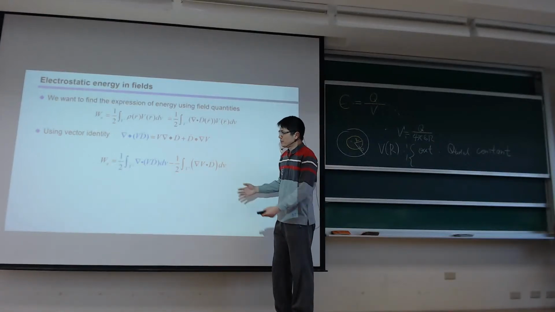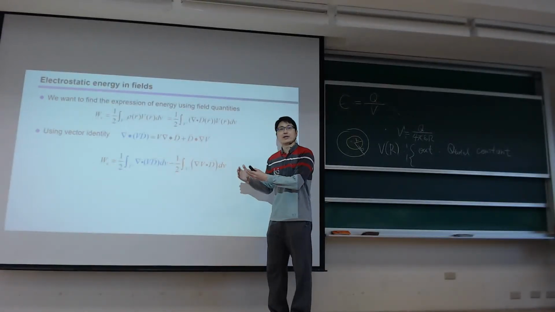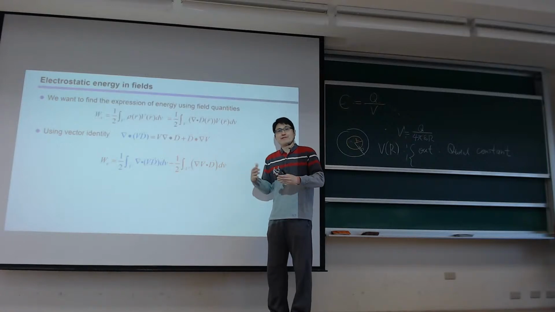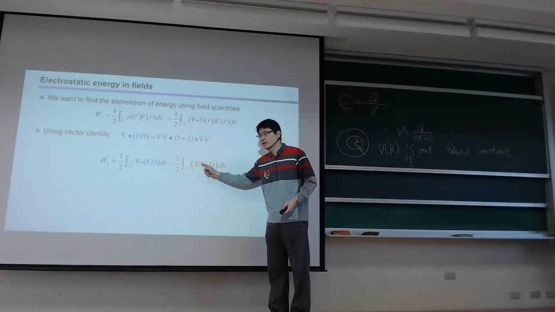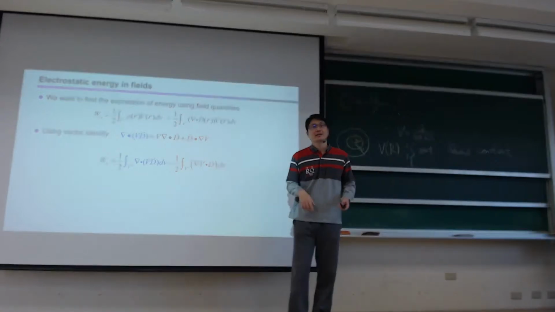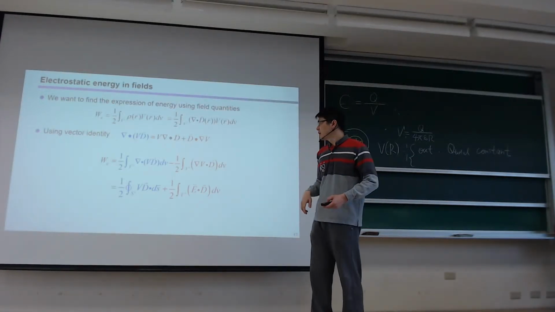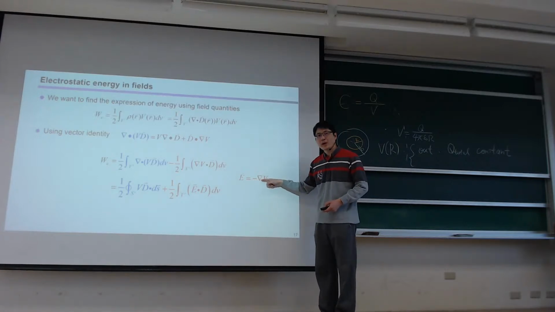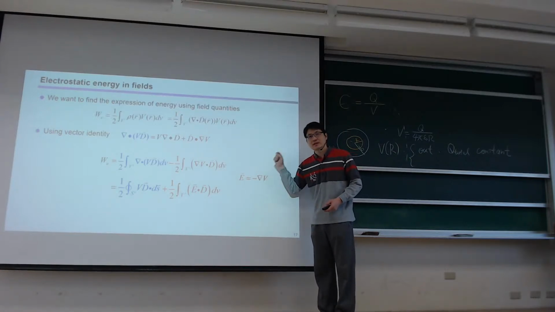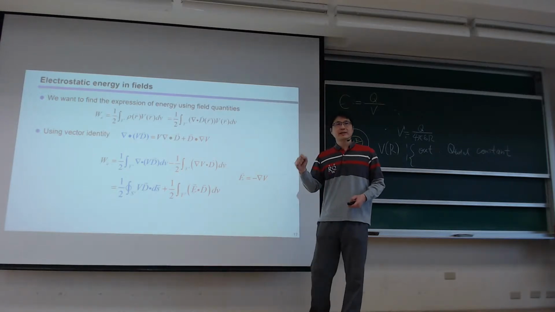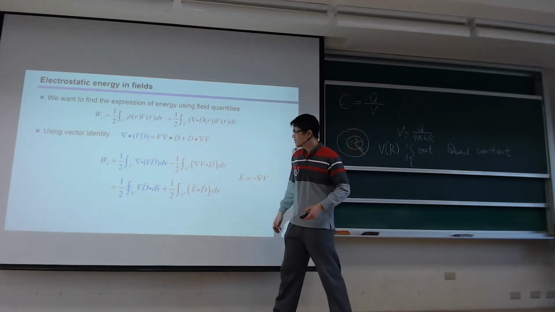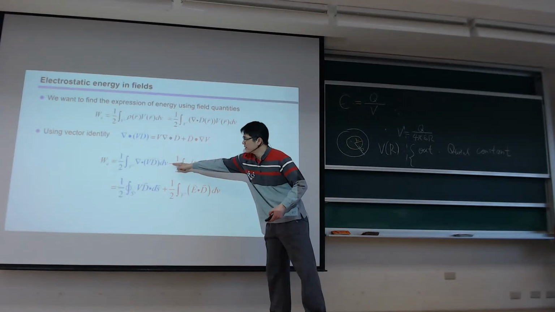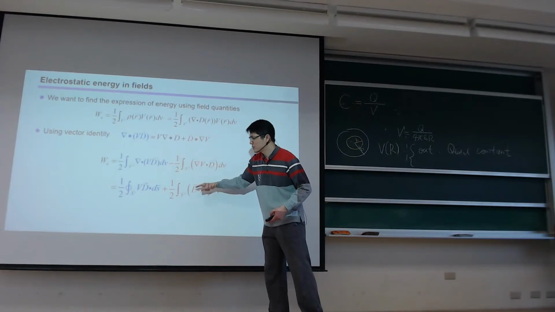So take a good look. Which one can I change to a field quantity? Gradient of V, right? If you still remember, negative grad V is the E field intensity, right? So I replaced negative grad V with E.